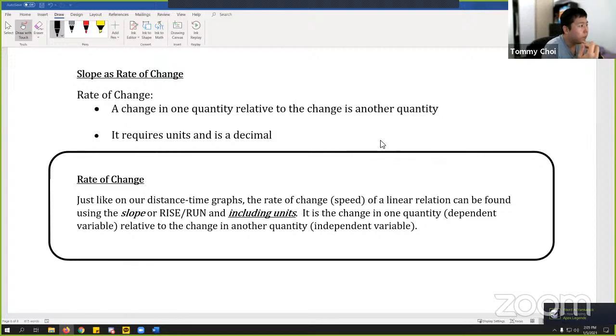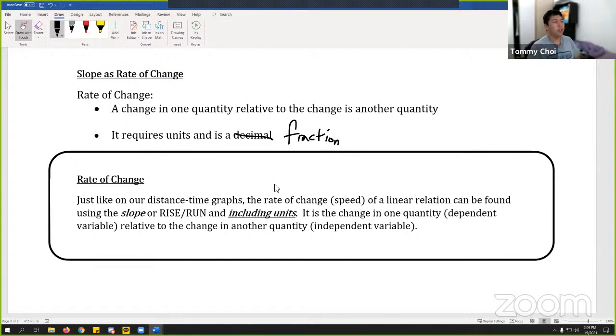So now, it requires units. It's not a decimal, it's a fraction, right? You're dividing stuff. So let's change that. And it's a fraction, not a decimal fraction. That should be fixed.